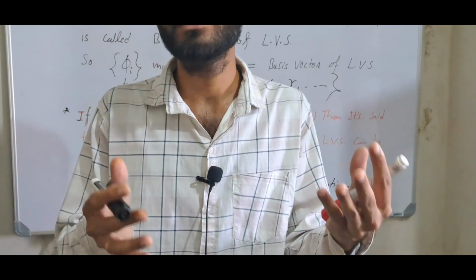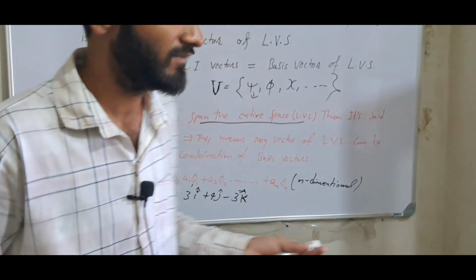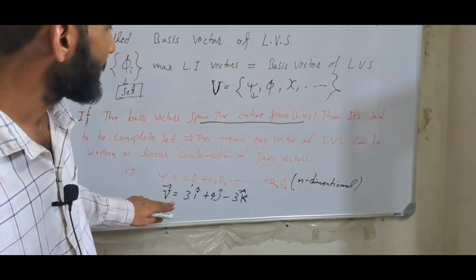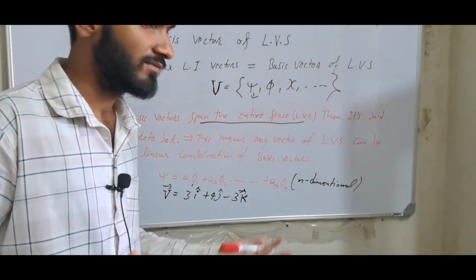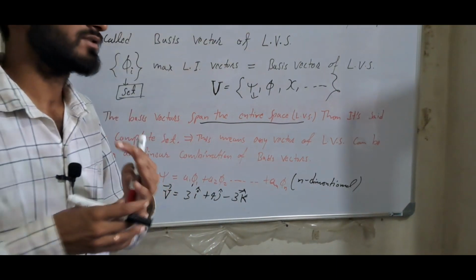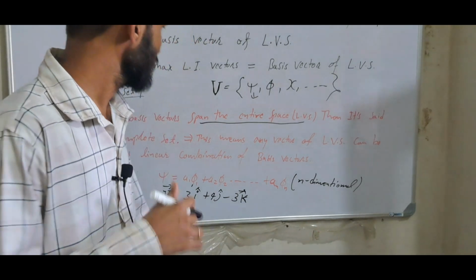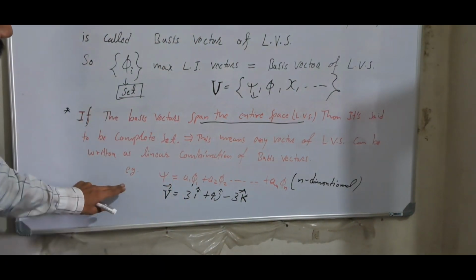They need to be linearly independent of each other, and there needs to be the maximum number of linearly independent vectors for that particular vector space. Okay, so here I have explained this very well.